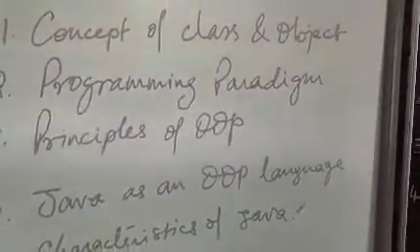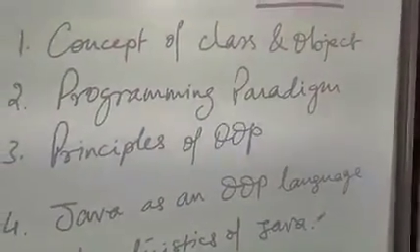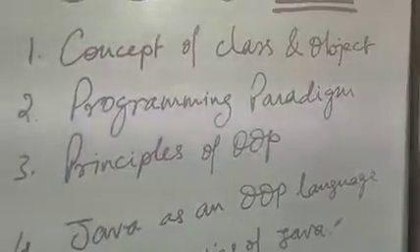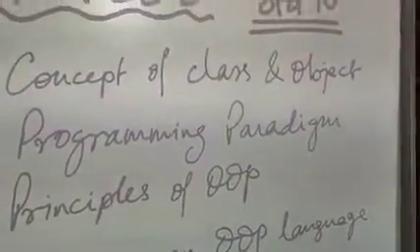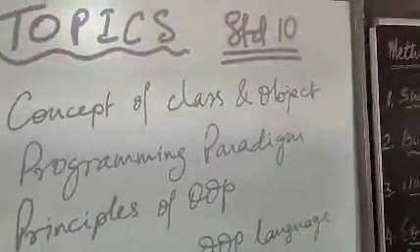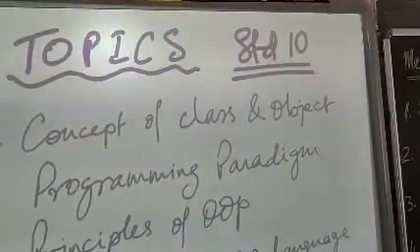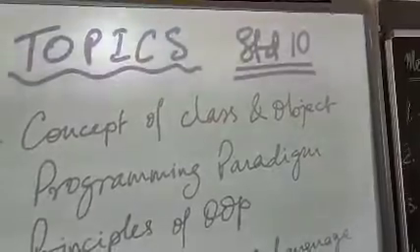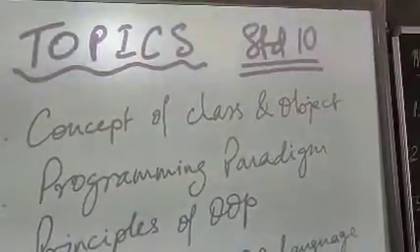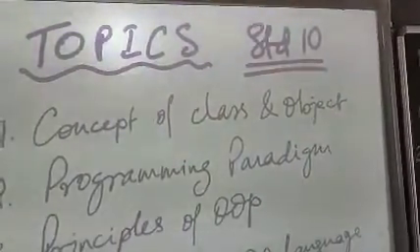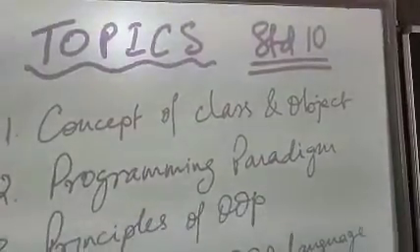Now let us understand the concept of object and class. As we all know, anything that we see, an entity surrounding us or within the scope of our visibility, anything that we notice refers to an object.